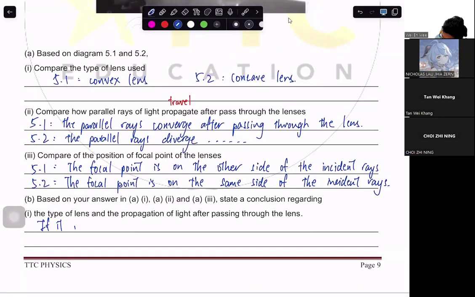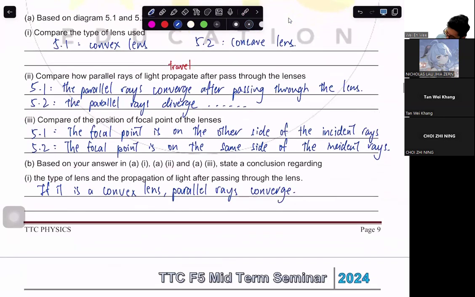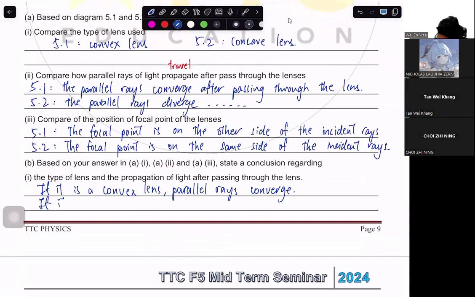So if it is a convex lens, parallel rays converge. If it is a concave lens, parallel rays diverge.